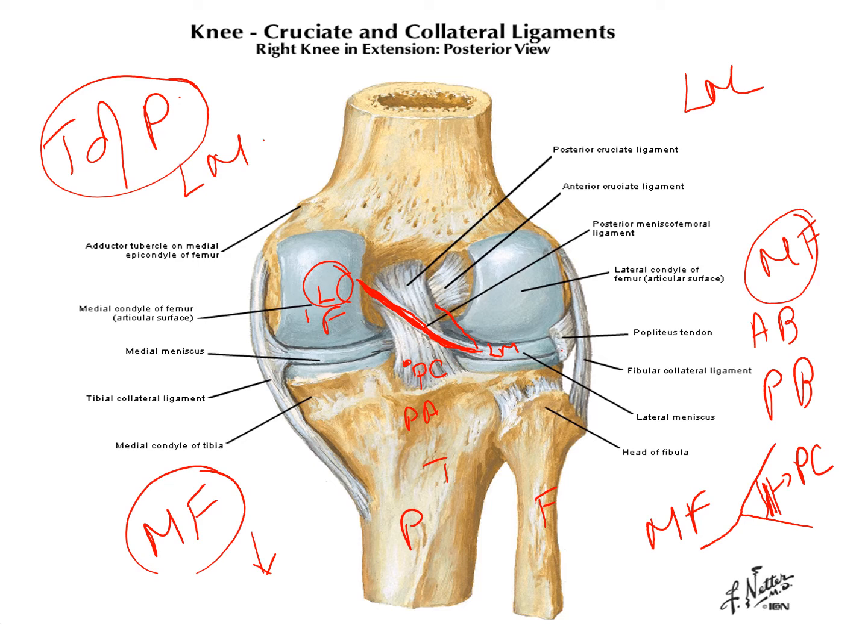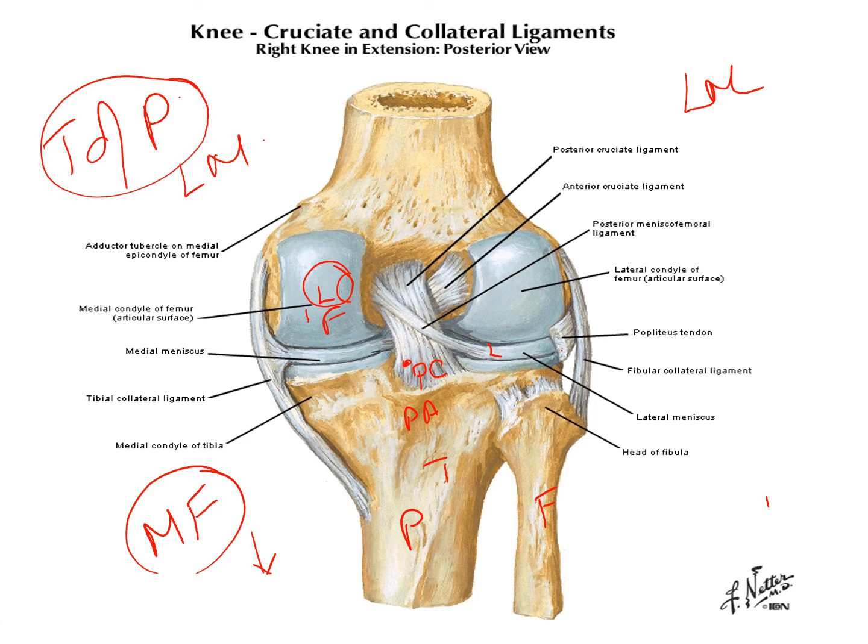So once again, quickly we will discuss the meniscofemoral ligament. As already discussed, the meniscofemoral ligament attaches the lateral meniscus to the lateral condyle of the femur. It has two bands, one anterior band and one posterior band. So they pass in front and back of the posterior cruciate ligament.